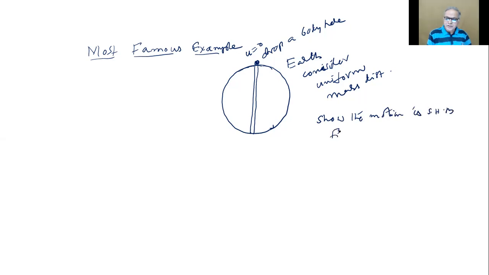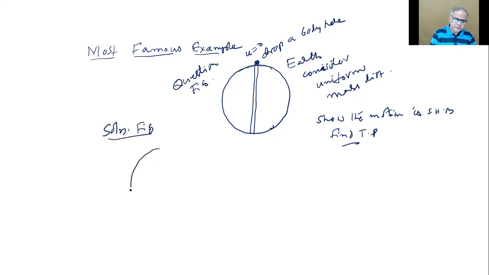Find the time period. So it's based on what we did previously. Okay, this is a question figure. I will not write on that. I'll show a solution figure. Okay.